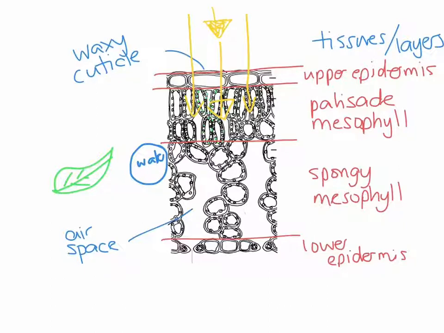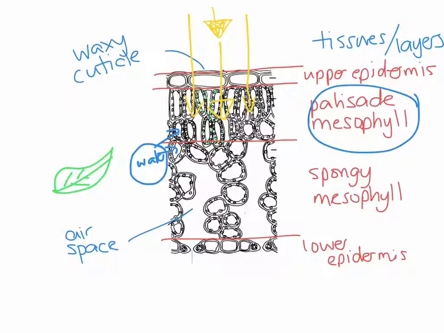So you'll have one of those vessels called a xylem vessel carrying water, and the water then can pass from cell to cell into the palisade mesophyll cells, because remember that is where most of the photosynthesis is taking place.